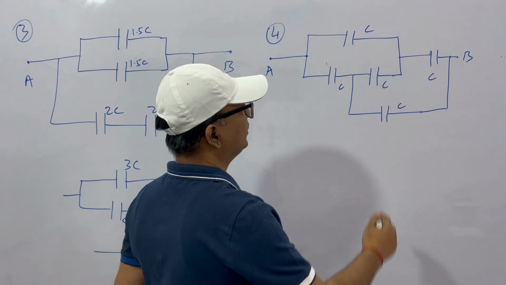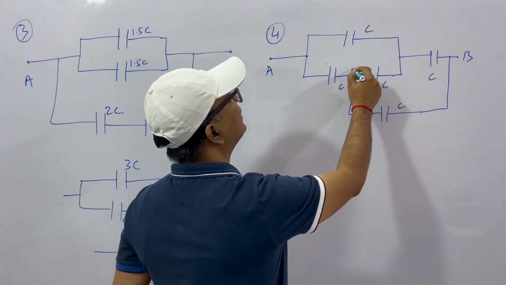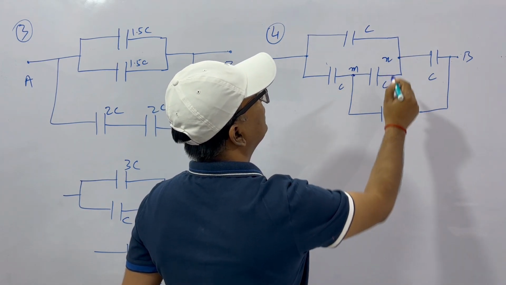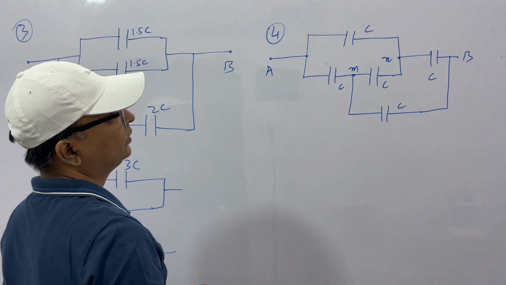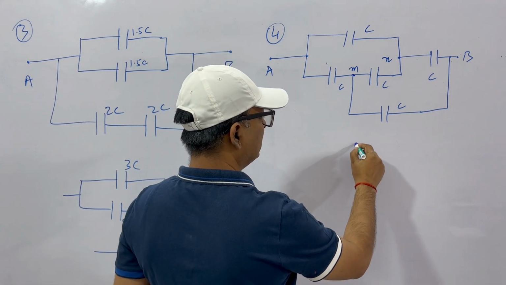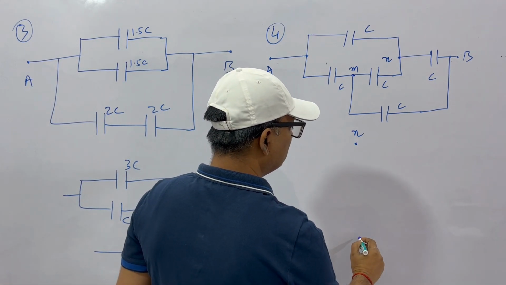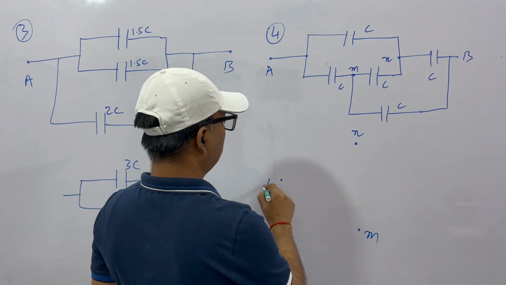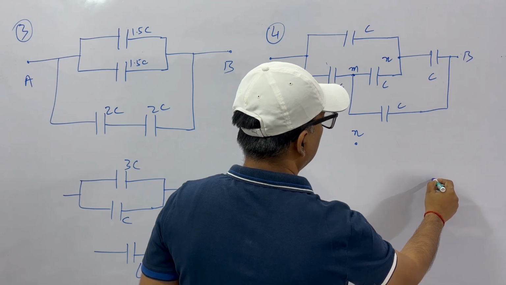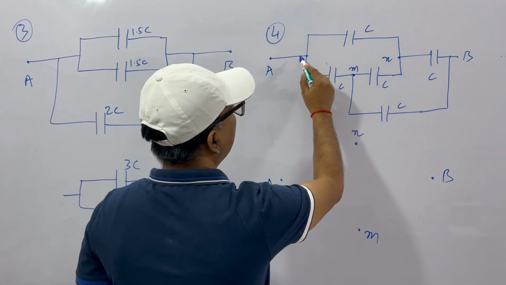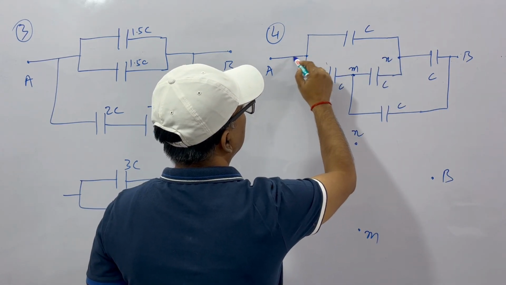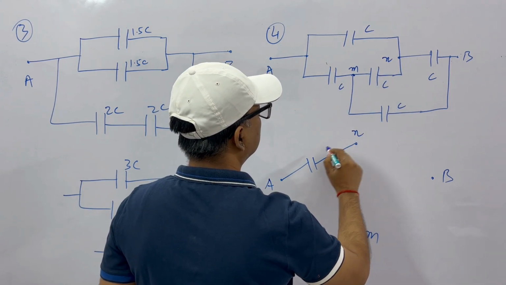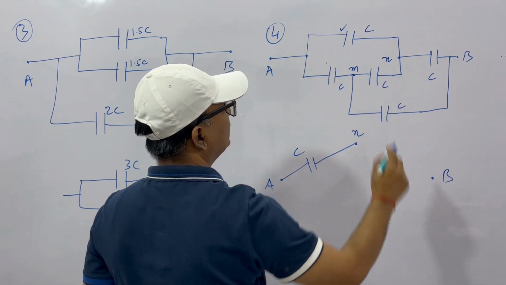This one is typical. Why? Let me explain. Let this node be M and this node be N. Okay, now what I am doing, let's say this is our N node and this is M, node M. This is node A and this is node B. Now between A and N we have 1C. So this is this one, this C we have used.